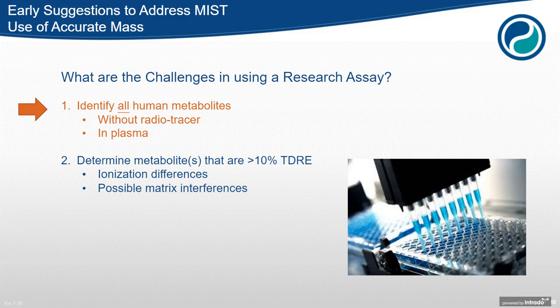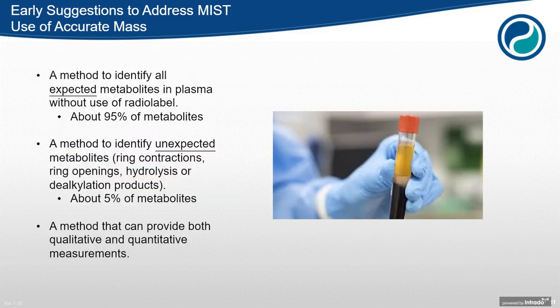Next slide, please. So we need a method that will identify all expected metabolites. These are metabolites we could anticipate by looking at a molecule and suggesting you could add oxygen here, you could have demethylation there, and that constitutes about 95% of the metabolites we would observe.